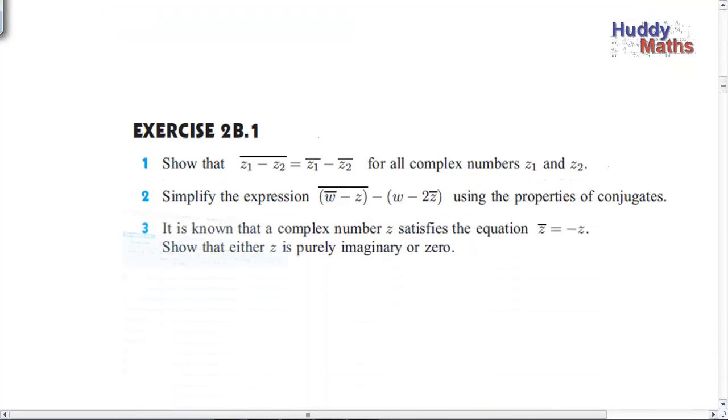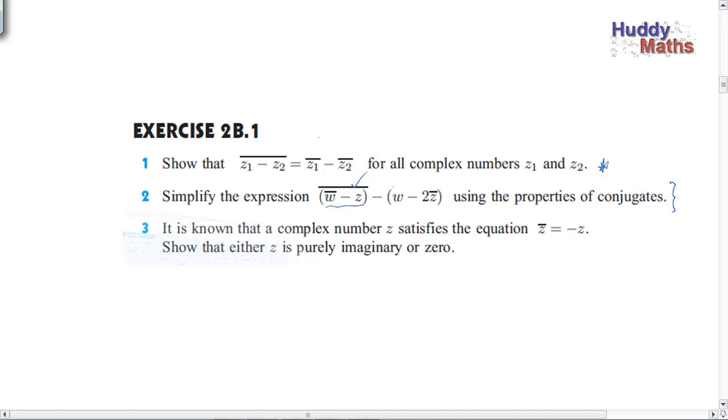Can you do this first one here, letting z1 equal a plus bi, z2 equal c plus di, and do it the same way. This one is using the properties that we just had a look at, so you might have to rewind the presentation, just toggle back and have a look at the rules. What are you allowed to do with a conjugate of a difference of two complex numbers?